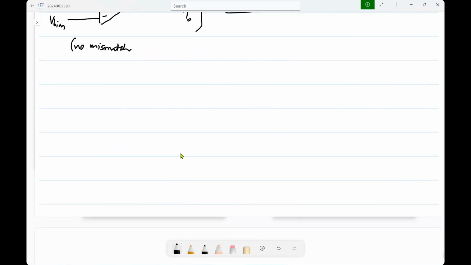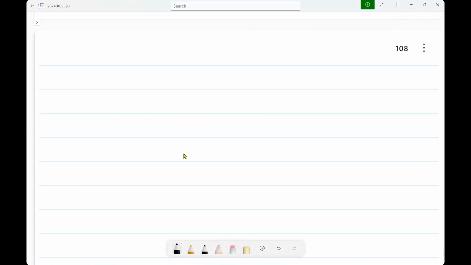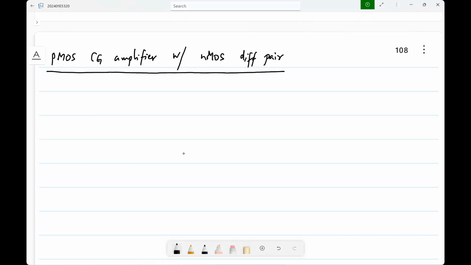So the next thing is, let's say we try to have, by the way, just for continuity, everywhere I'll use NMOS differential pair, but of course, you can see PMOS differential pairs used as well.